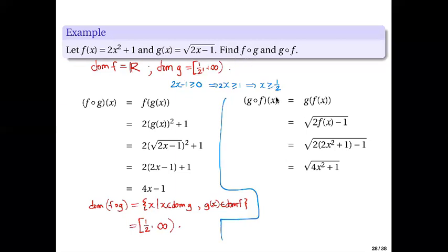As for this guy here, so we want now the domain of G circle F. But this means you have to get your x from the domain of F such that your f of x must be inside the domain of G. Okay?